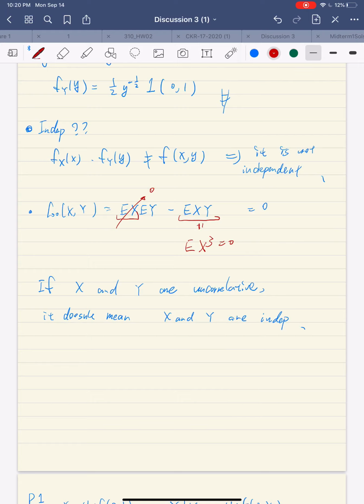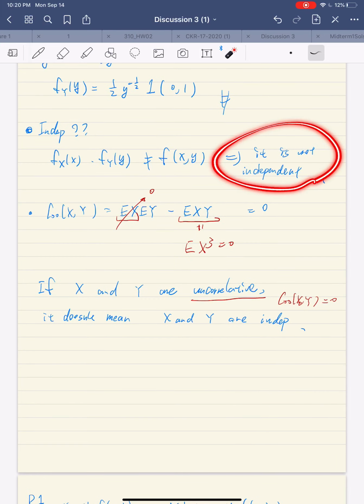The definition of uncorrelated is that the covariance of x and y is equal to 0. But in this example, we can see they are not independent.